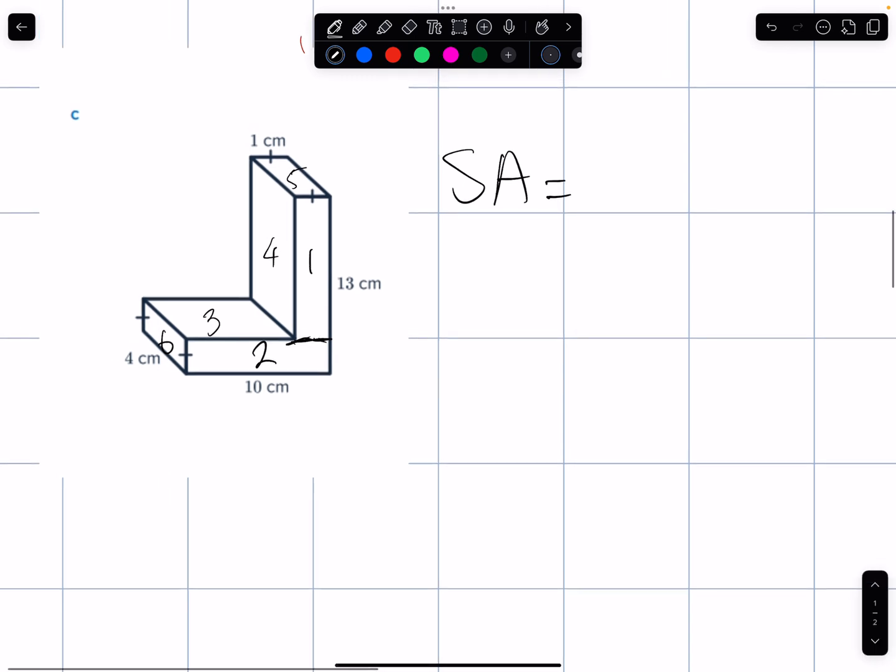Then we would have on the back 7, and then we would have 1 again on this side, 2 again on that side, 7. So we'll even just go like this. 7, 7, 9.